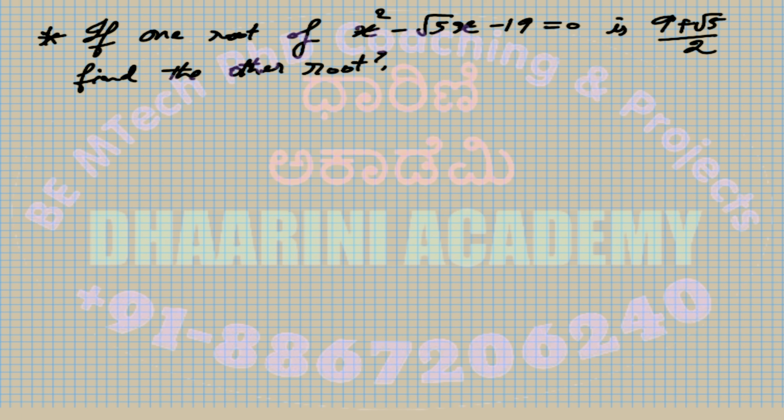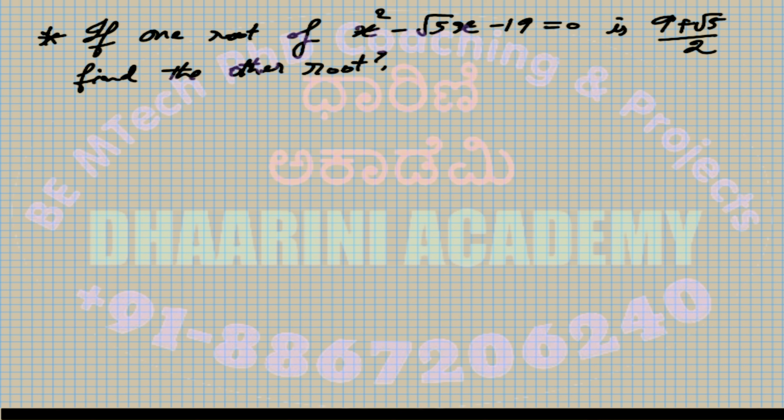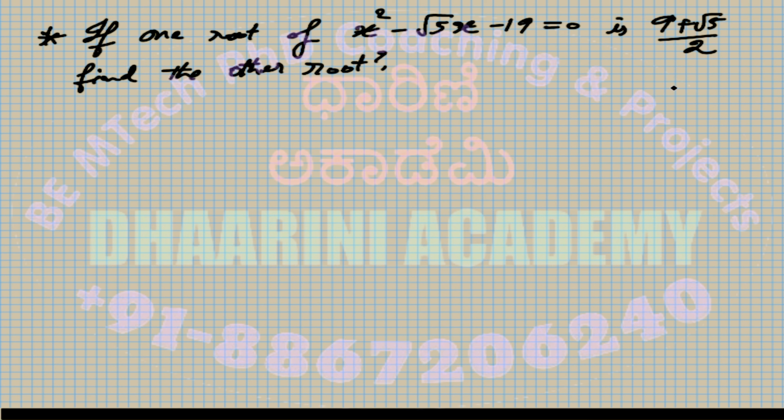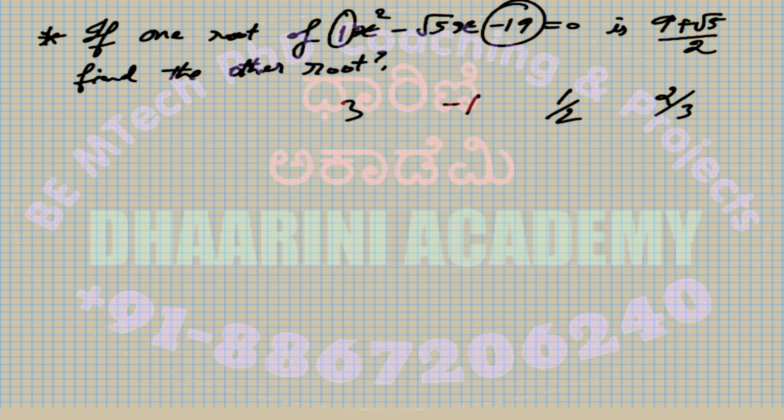Okay, so one thing to note here is that the coefficients of the given equation are not in the rational format. You can see root 5, which is not rational. It's an irrational number. Rational should be something like 2 by 3, 1 by 2, minus 1, plus 3, right? The coefficient of x square, which is 1, is also rational, but root 5 is not rational.